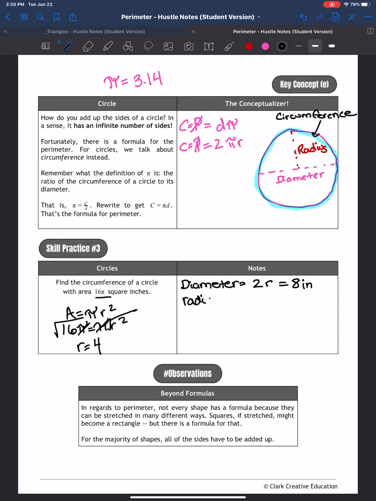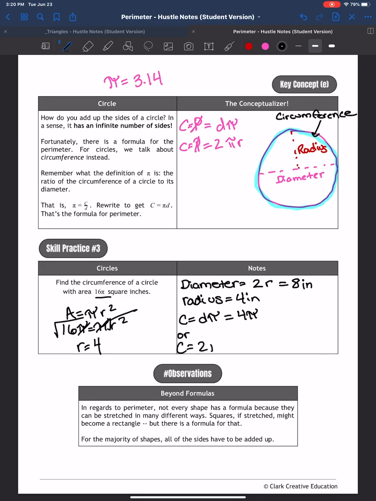Our radius is 4 inches. Our circumference, or our perimeter around our circle, would be diameter times pi, so 8 pi.